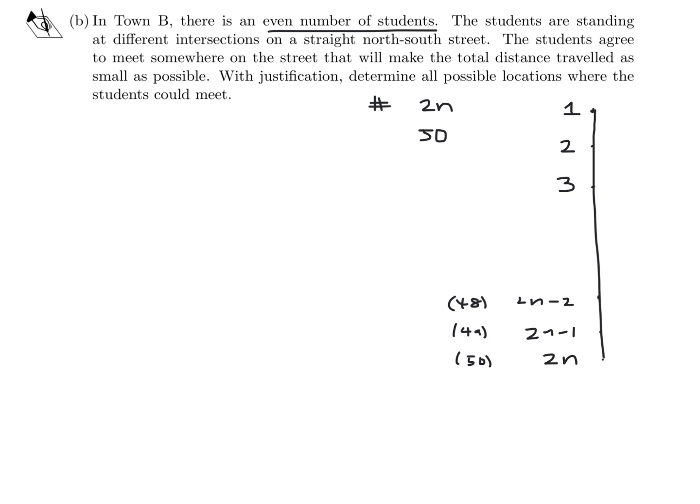So here we go. I don't know where that point is, but I'm going to just put it here, somewhere in the middle would be my guess. Now the distance from the first student to P, so from here to here, and the distance from the 2n student, this guy, to P, if you add those distances, it will always be a constant, no matter where P is.